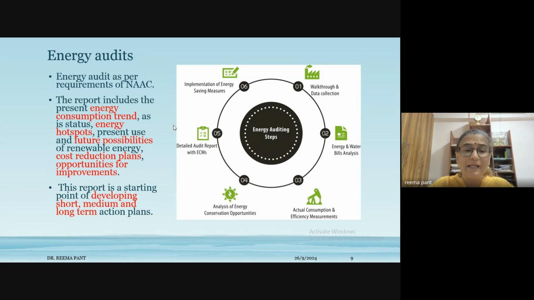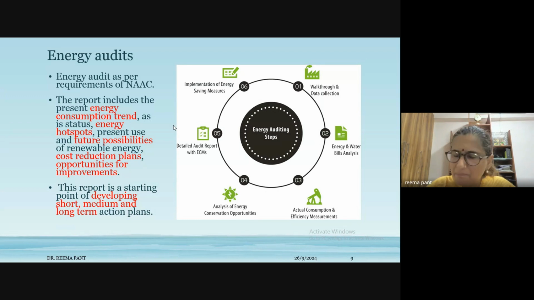Now, this will be short, medium, and long term. So initially you are going to give a brief overview of what your report is like after you've been through the entire place. You say these are the things that you've seen.